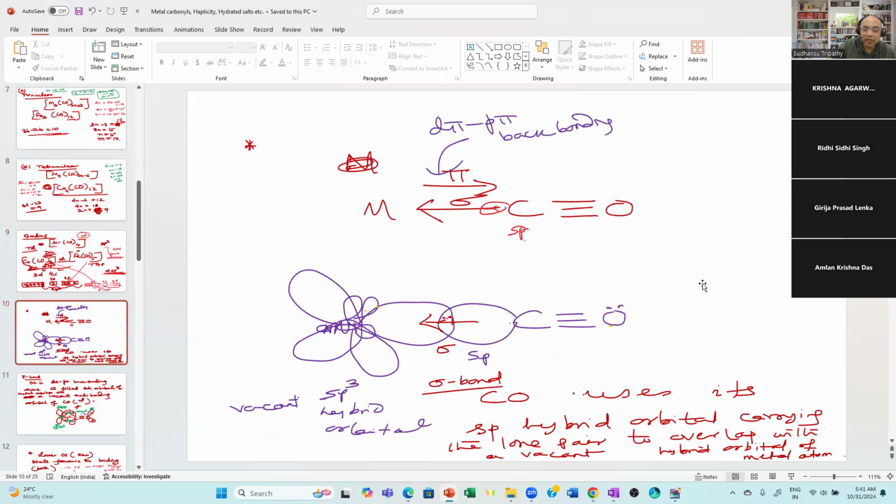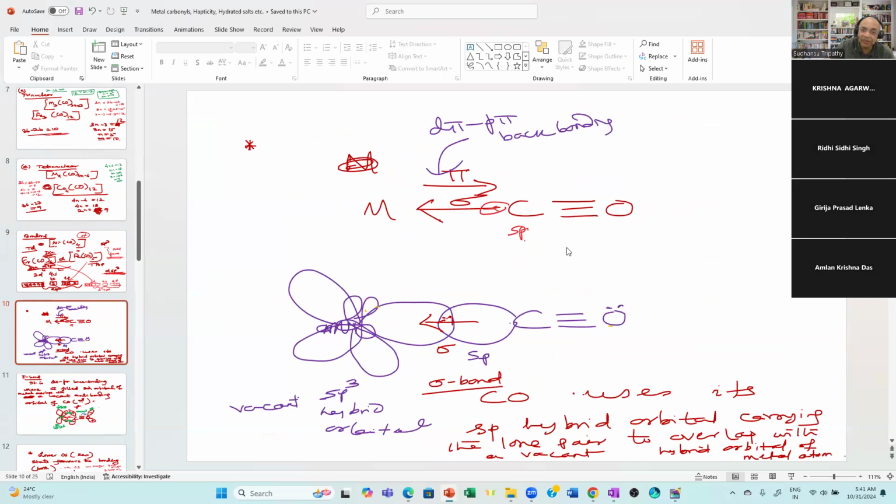So the bonding, as I have already told you, I shall explain in simple VBT and MOT combined, not the ligand field theory, which I have not yet introduced. These are pi acceptor ligands. Sigma donor, everyone is a sigma donor. That's common to all types of ligands.